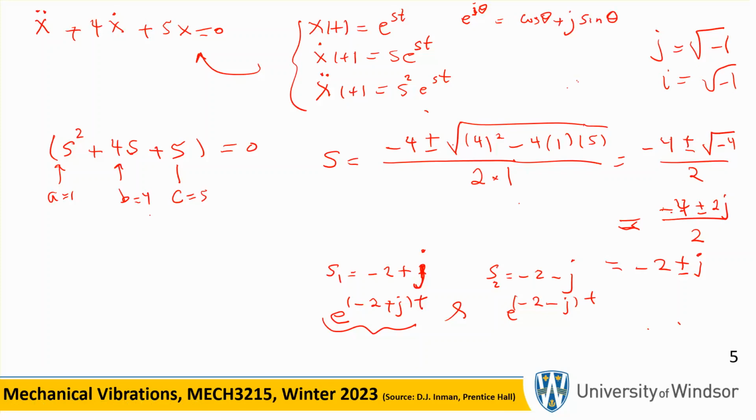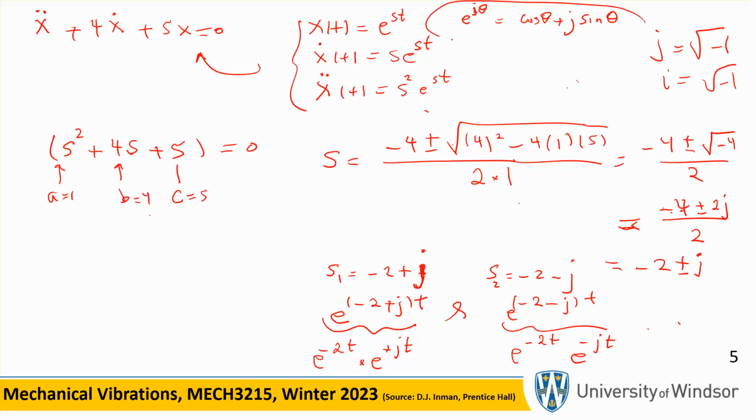You can convert this into sine and cosine. So first of all, write it like that: e to the minus 2t times e to the plus jt, and this one will be e to the minus 2t times e to the minus jt.